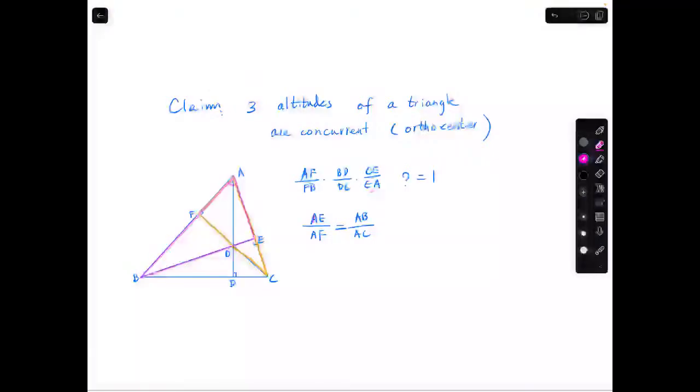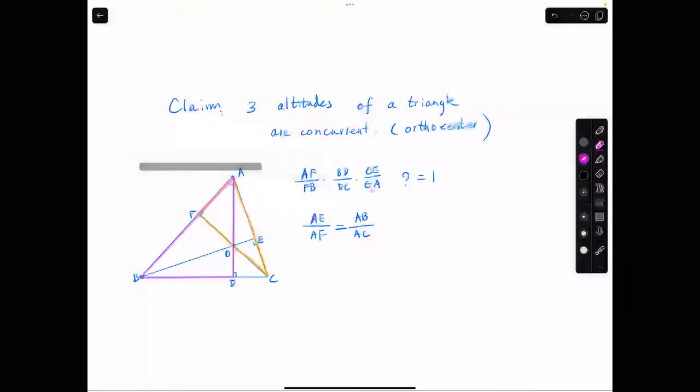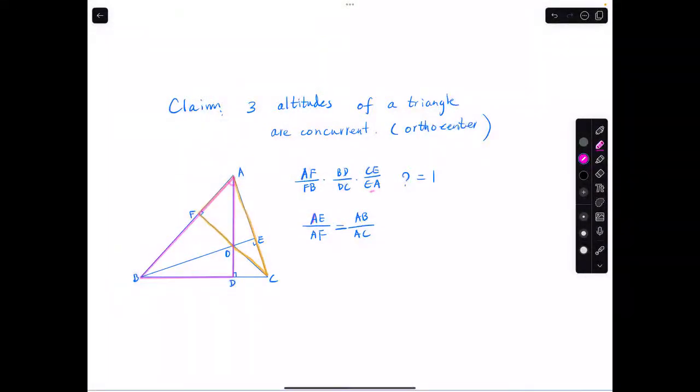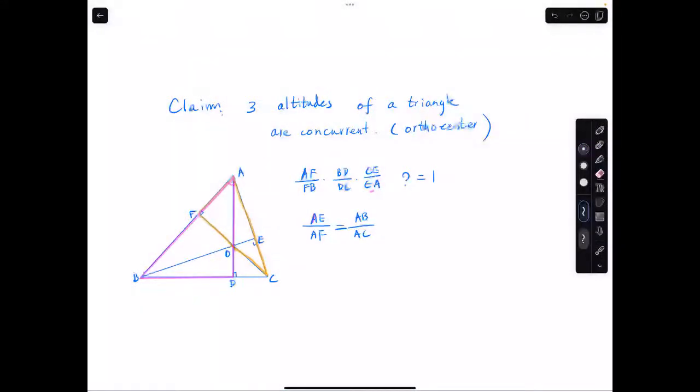Now let's look at the other similar triangle. Let's cut this one, sorry, let's redraw it here.